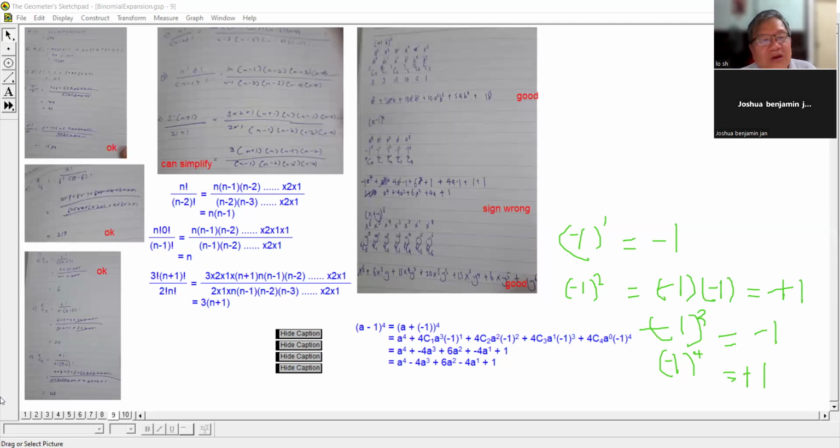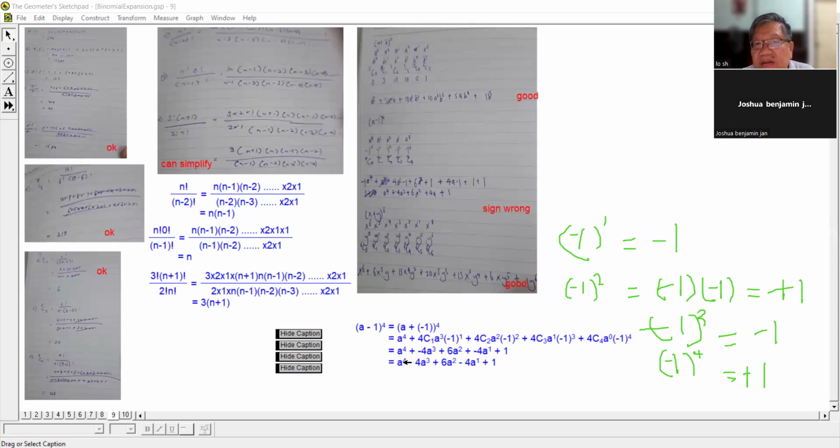So now, coming back to our problem here, you can see that -1 to the power 1, -1 to the power 2, -1 to the power 3, -1 to the power of 4. So when you put them in front, it will be negative, positive, negative, positive.